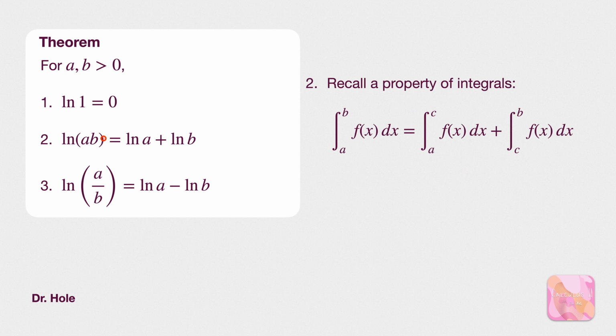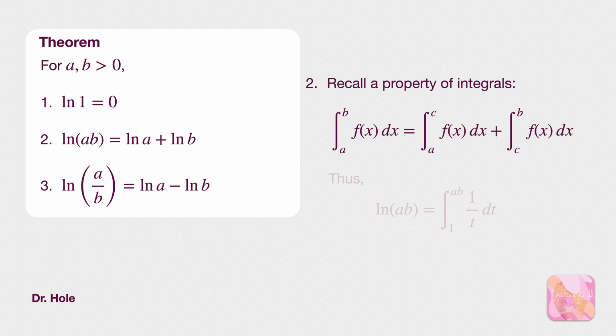Let's move on to the second one. And to show the second one, we're going to use this property of integrals. Remember, the natural log is given in terms of an integral. With bounds of integration a to b, we can interject a c and come up with a sum of definite integrals, provided that each integral, the 2 on the right, makes sense.